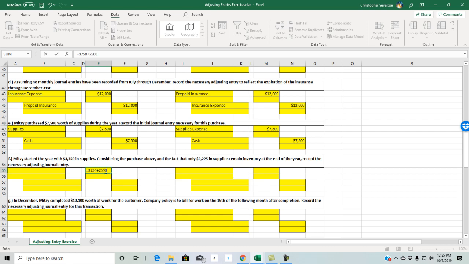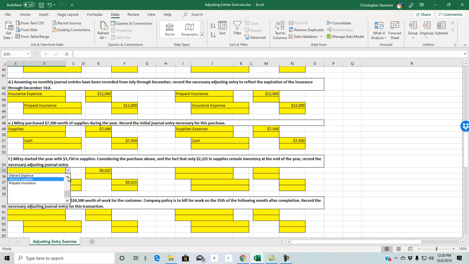So that's the amount we have that we could have used, but we did not use the $225, so we subtract that out. And that tells us we really did use $90.25. Now, since we started in the supplies account, we need to move some into supplies expense by debiting supplies expense. And we're going to credit supplies to reduce it.